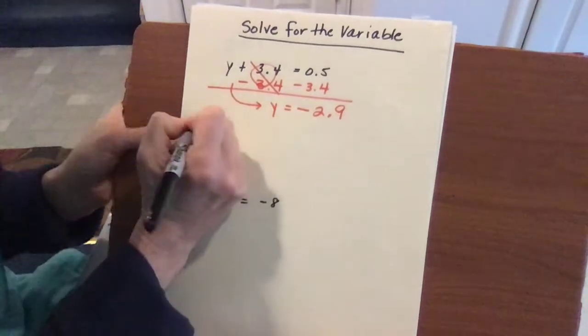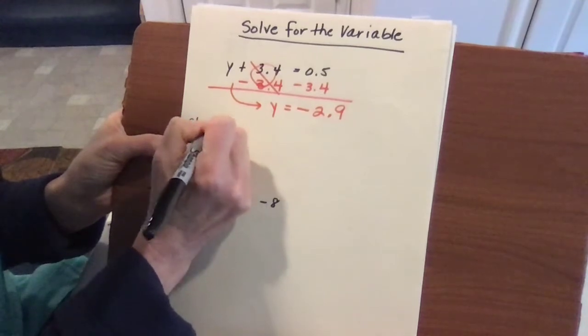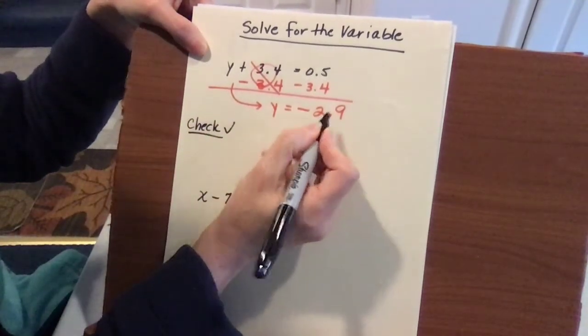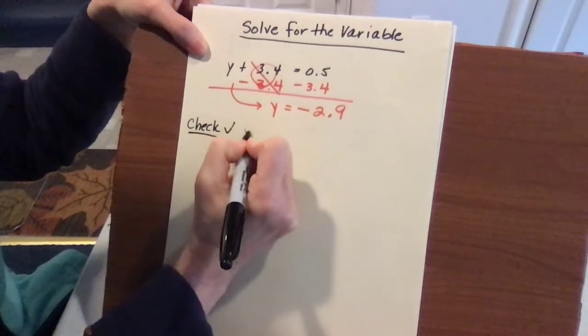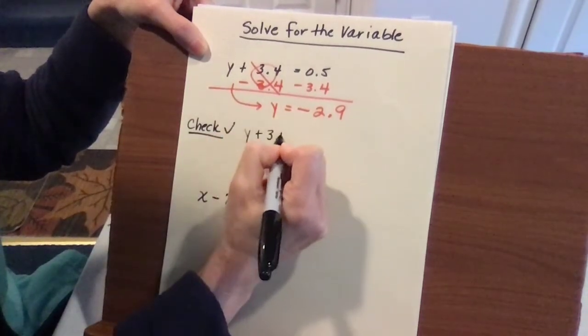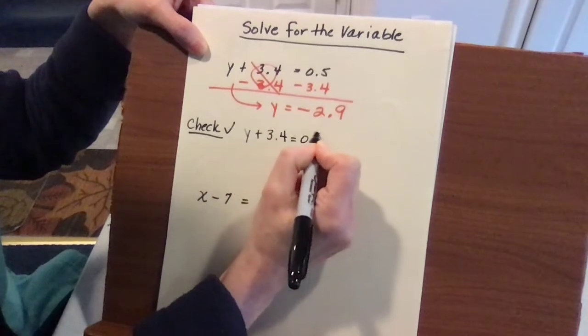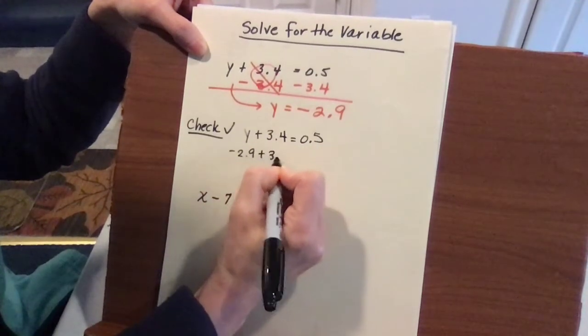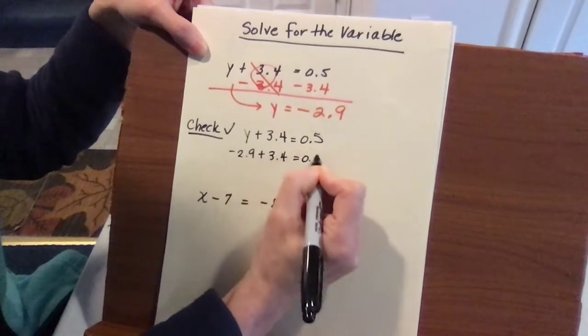Now if you want to check this, you substitute negative 2.9 back into your original equation. So negative 2.9 plus 3.4 equals 0.5.